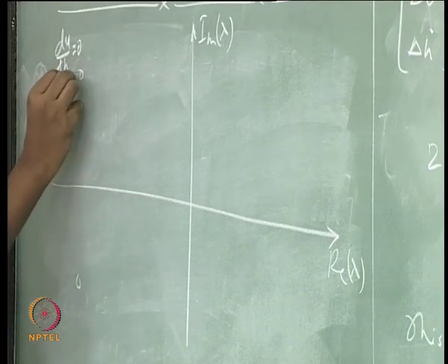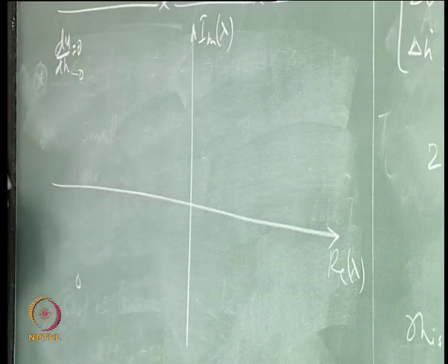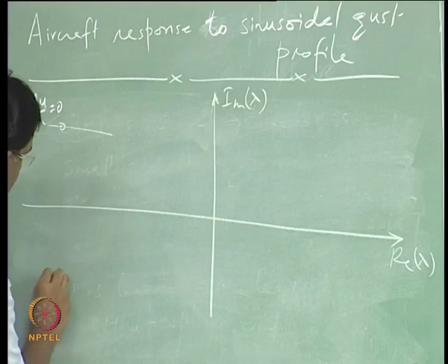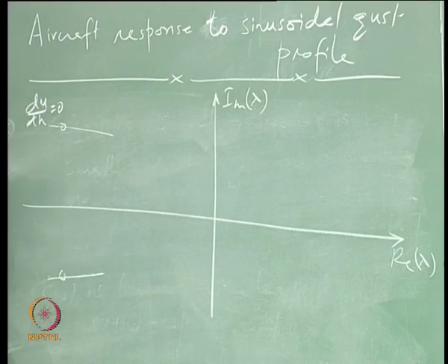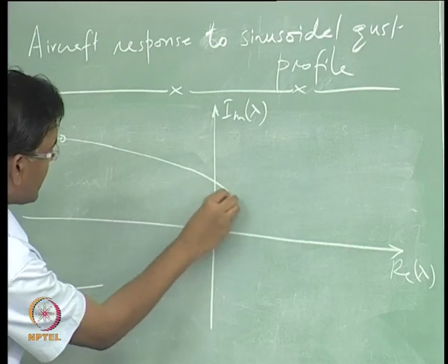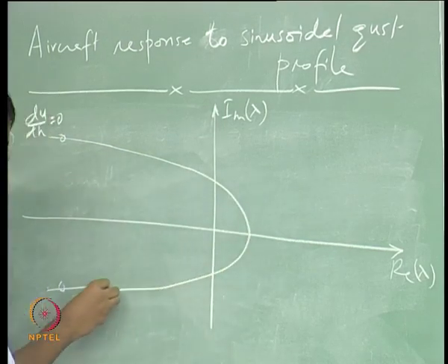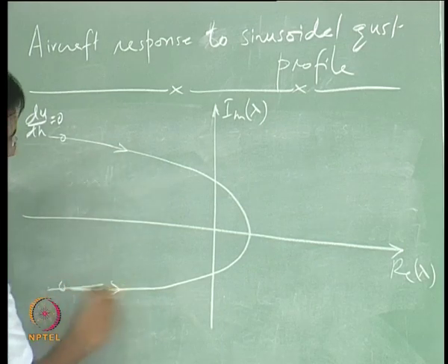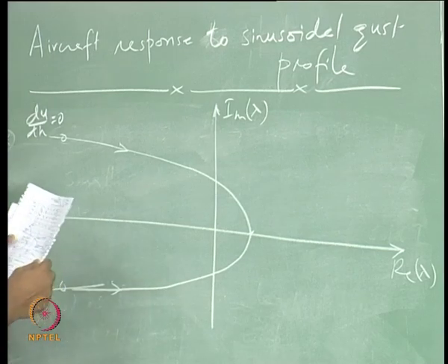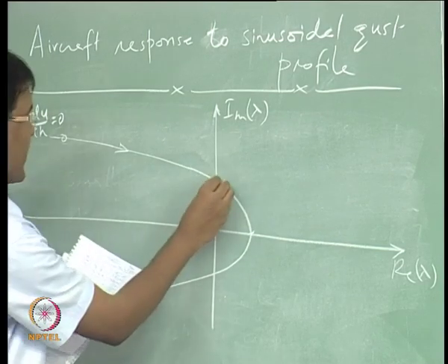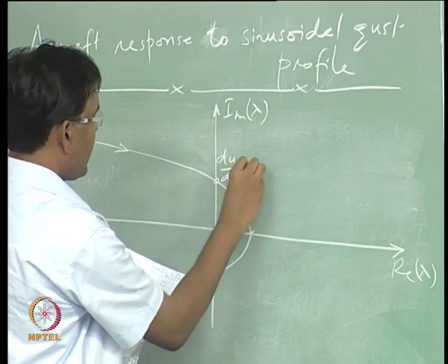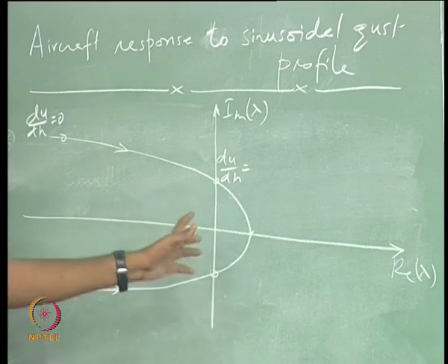When you start changing this gradient, this pair of eigenvalues will start moving, and it becomes real at this point, and you want to know what is the magnitude of the gradient at this point.